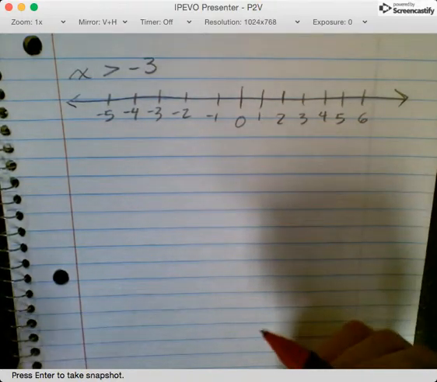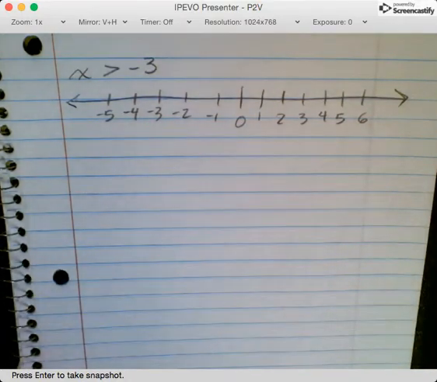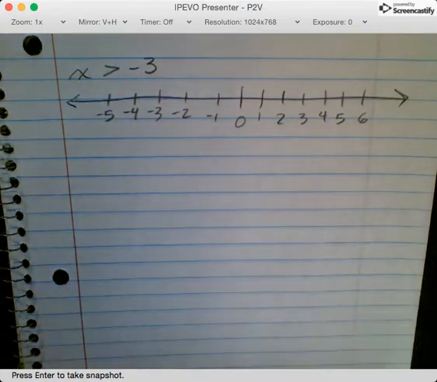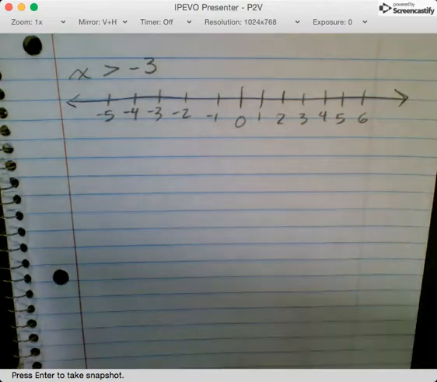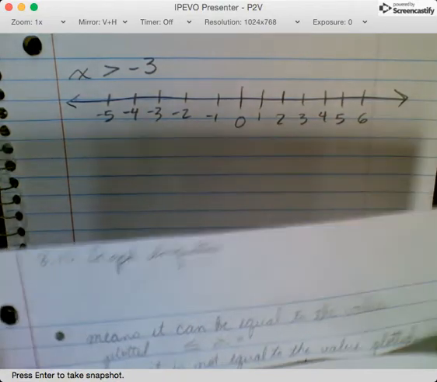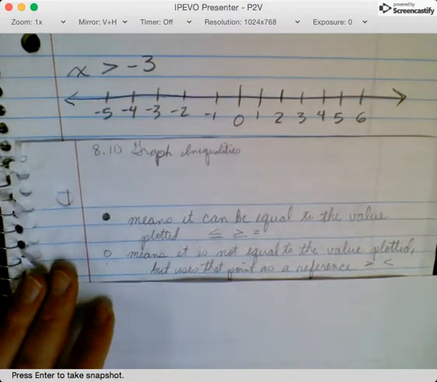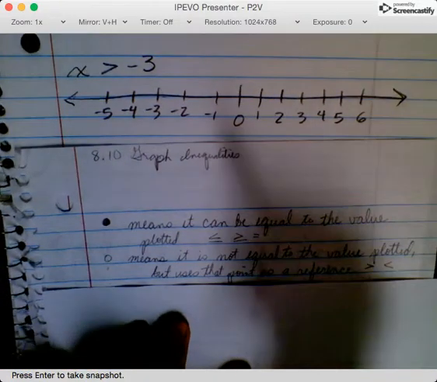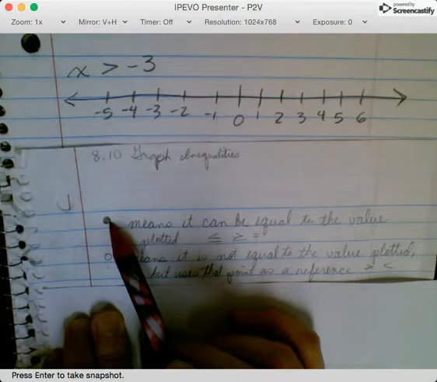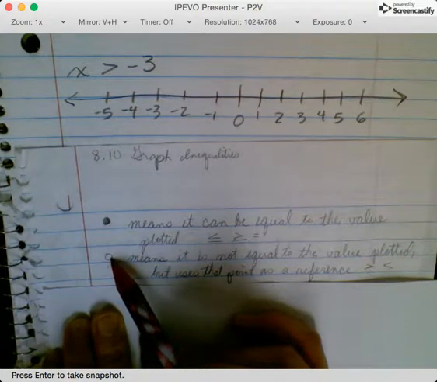Now, a couple of things that I want you to know in order to do this type of problem: I'm going to use a circle that's either filled in or not filled in.